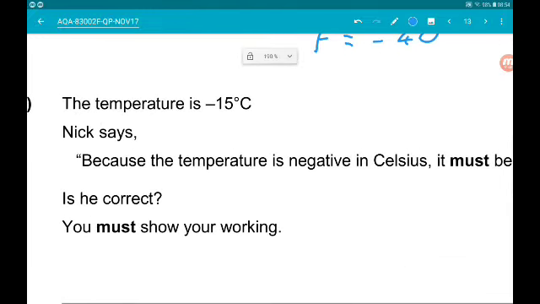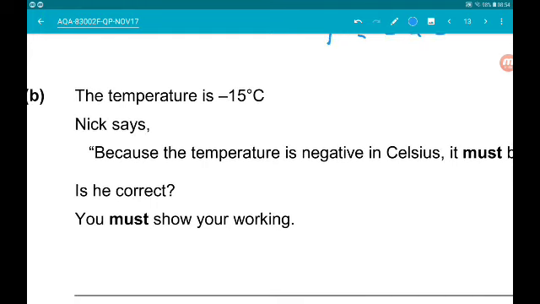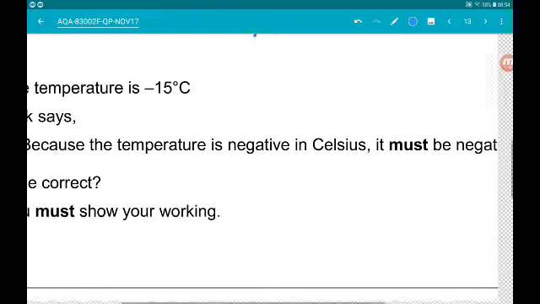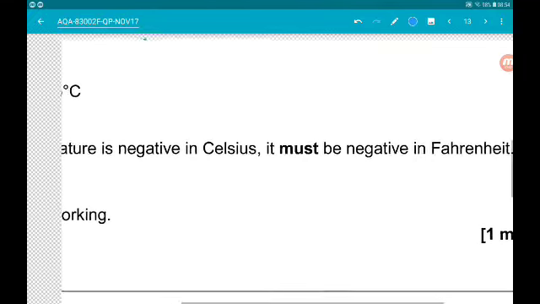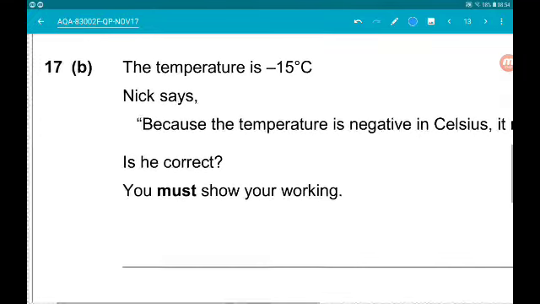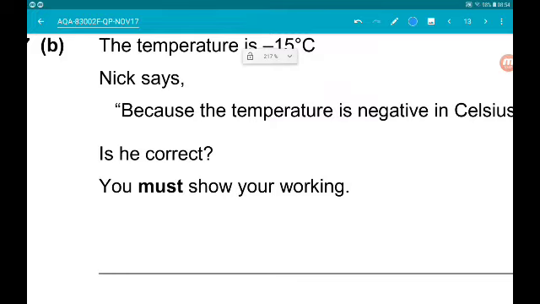The temperature is minus 15 degrees C. Nick says, because the temperature is negative in Celsius, it must be negative in Fahrenheit. Is he correct? You must show your working.